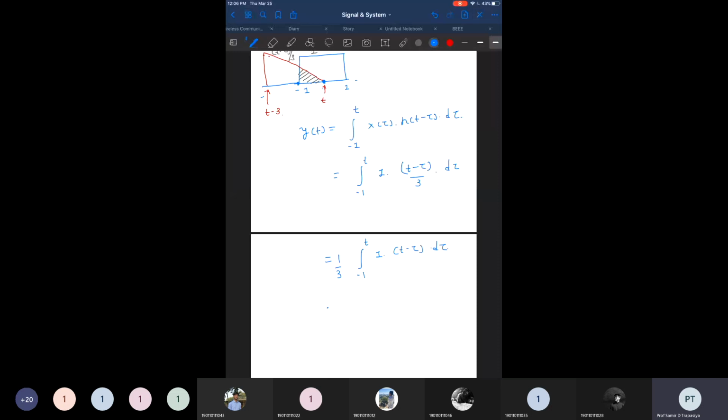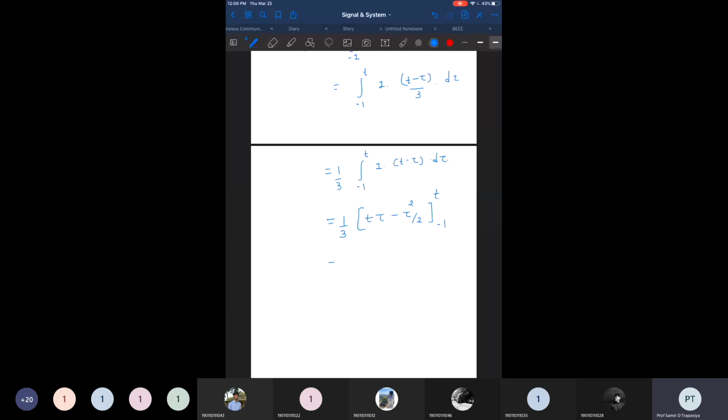The limits are applied as -1 to t, and this is times 1 by 3. So the tau is replaced with t, so t square minus t square by 2, then minus minus plus, so that is plus, and -1 is applied, replacing tau, so it's t, then minus minus again plus, plus 1 half.